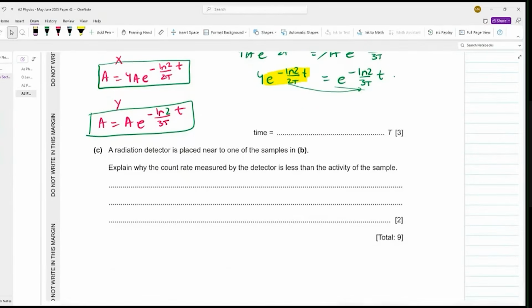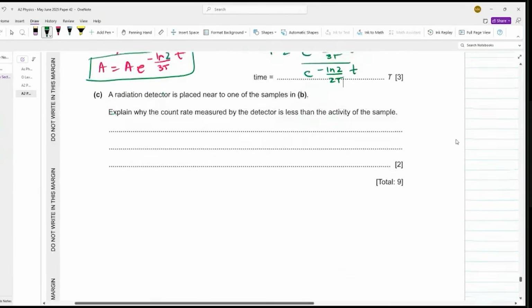What will happen? 4 is equal to E minus ln2 divided by 3t into t divided by E minus ln2 divided by 2t into t. Take this to the top side.